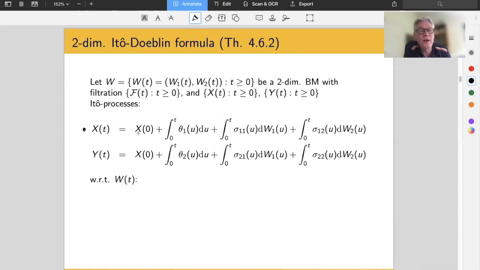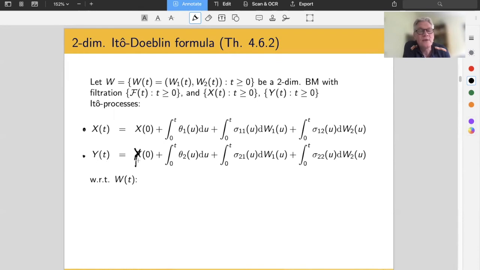X(t) is equal to X(0) plus the integral from 0 to t theta_1(u) du plus the integral from 0 to t sigma_11(u) dW1(u) plus the integral from 0 to t sigma_21(u) dW2(u). And for Y, we have it similarly defined.